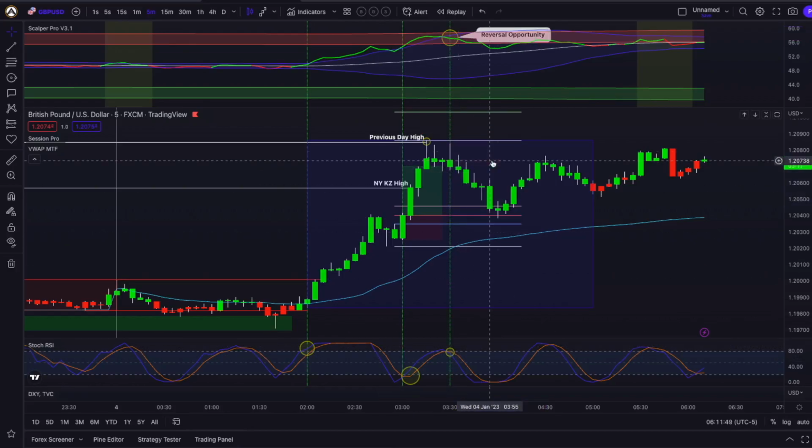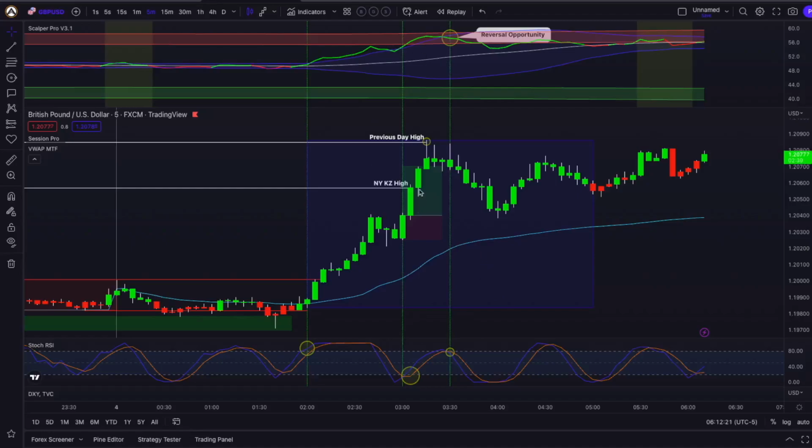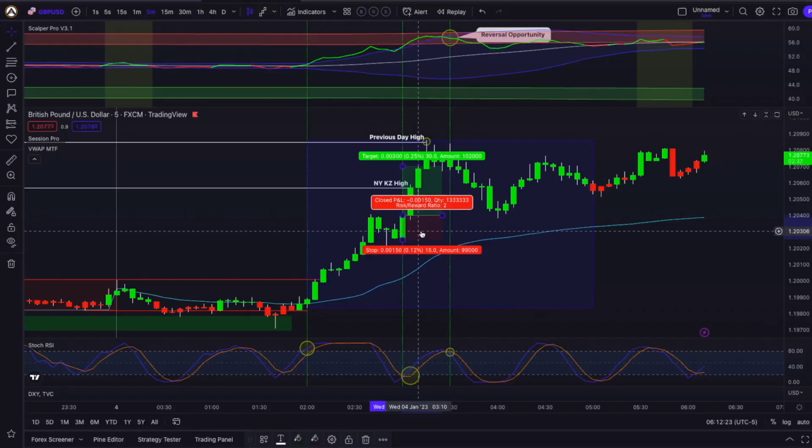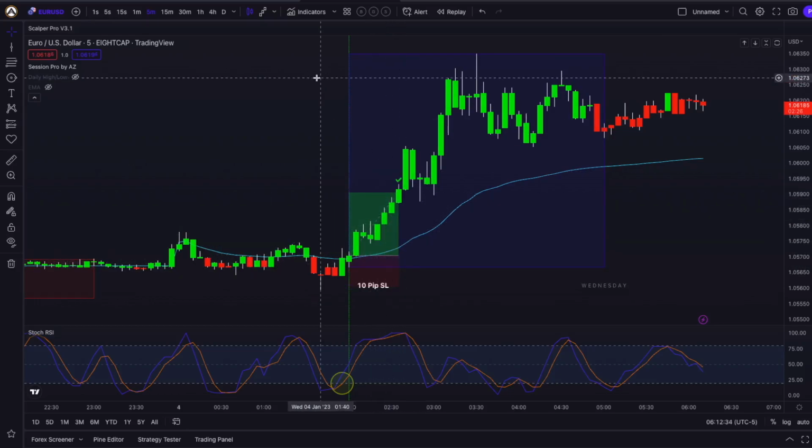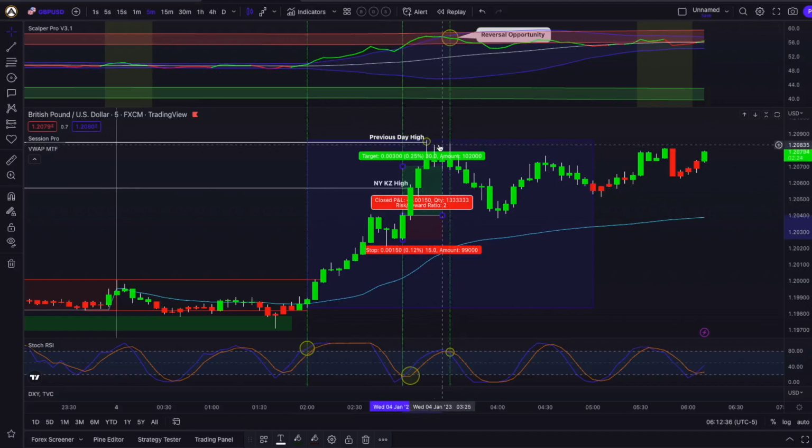So now, after making 2% with this entry on British pound US dollar and this earlier entry on the euro US dollar chart, I made a total net profit of 4% for the day, plus this small scalp on the pullback with the reversal opportunity spotted by the Scalper Pro and also stochastic RSI. Not part of our continuation breakout strategy based on the Scalper Pro and stochastic RSI.